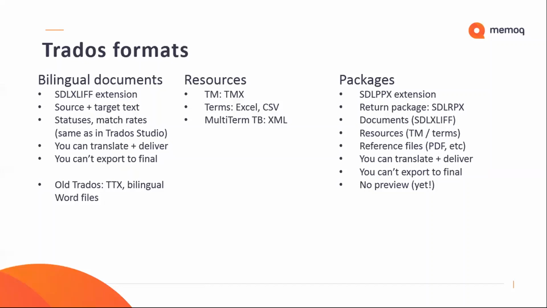Or in some cases, you might receive an additional translation memory in the TMX format rather than, again, part of the package. I will talk about how you can import them into memoQ.